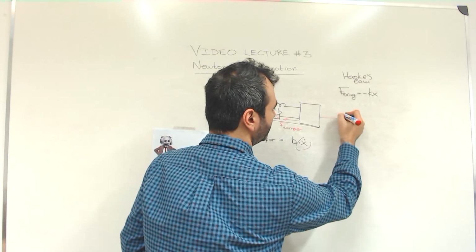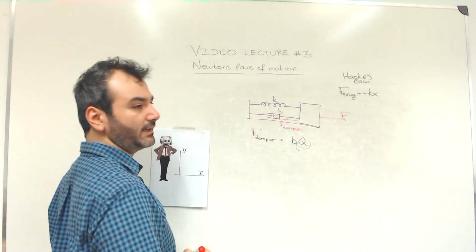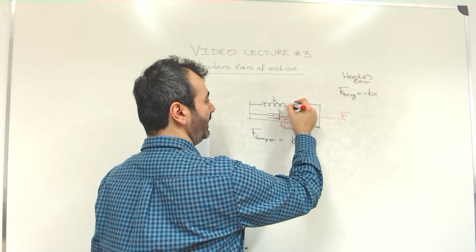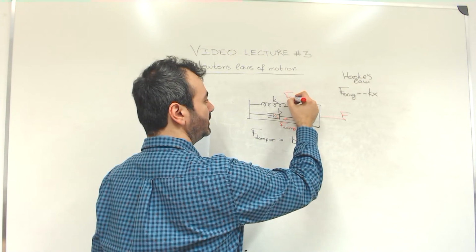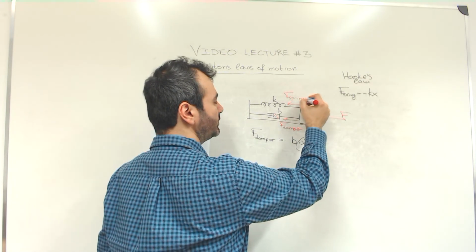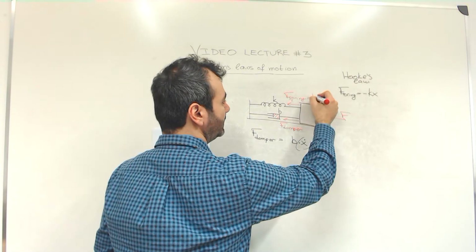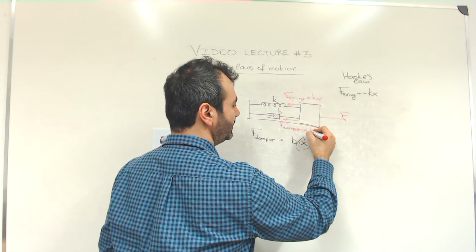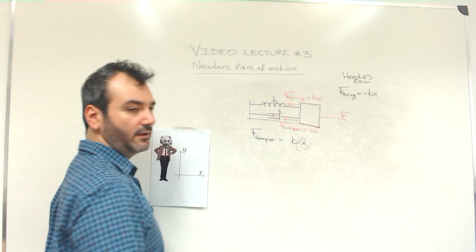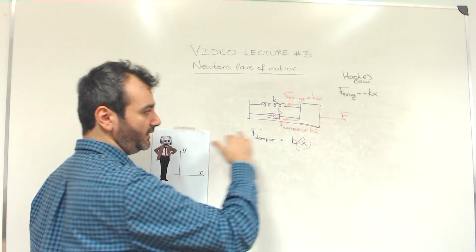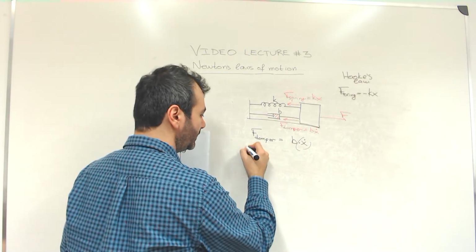Again, we apply an external force F, and there is also the force from the spring, the restoring force. Now these are Kx and Bx dot. Therefore, the total force along the x-axis will be the following.